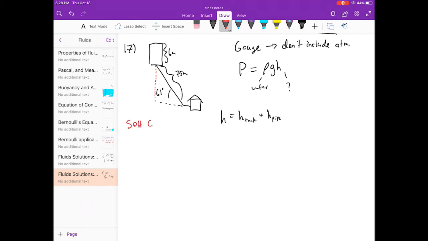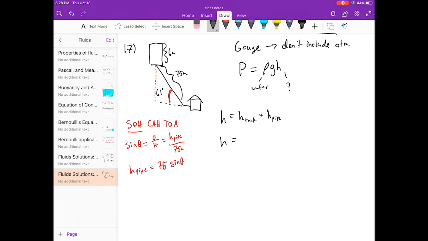So remember our trig. We have SOH CAH TOA. We have our angle here. We need to use sine. So sine of our angle is equal to opposite over hypotenuse, which in this case is going to be the height of the pipe that we're looking for, divided by 75 meters. So the height of the pipe is equal to 75 times the sine of our angle.